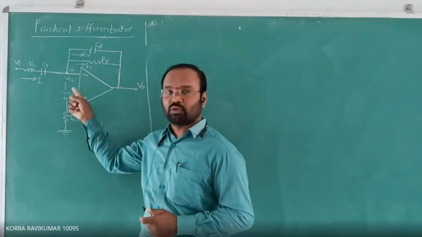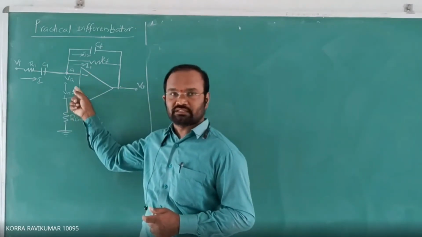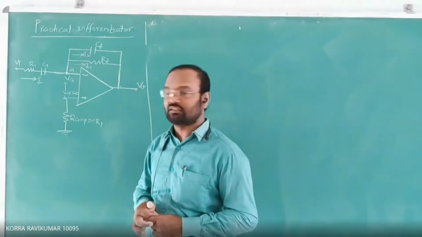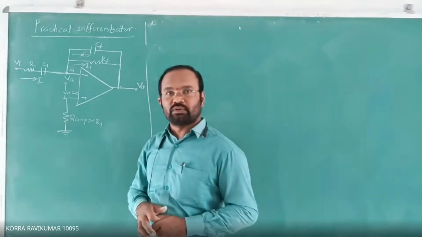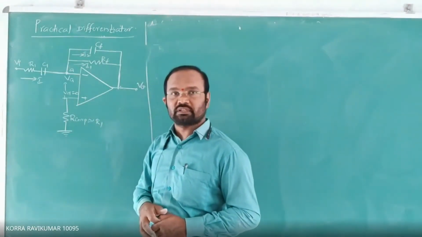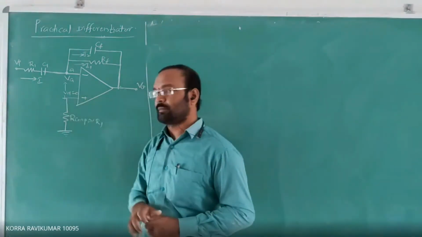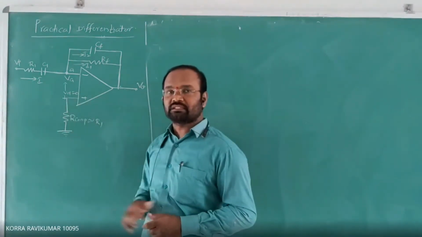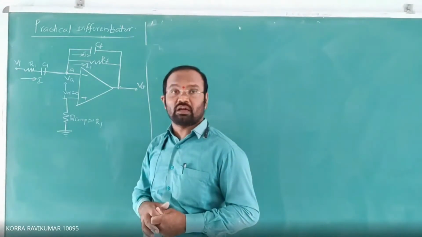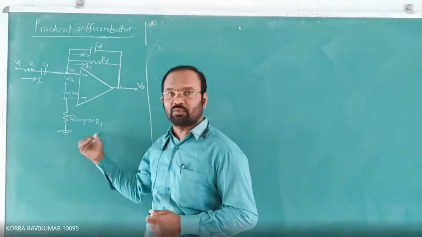A is the virtual node and the potential or voltage present at that point is VA. VD is the differential voltage between inverting and non-inverting terminal, which is equal to 0. Here the compensating resistor should have a larger value, which is approximately equal to R1.